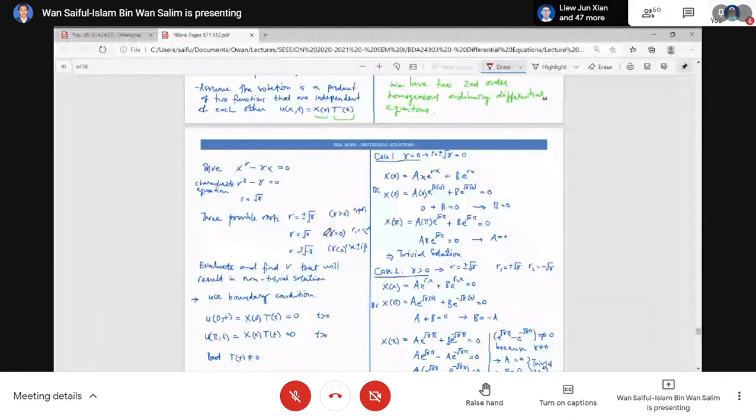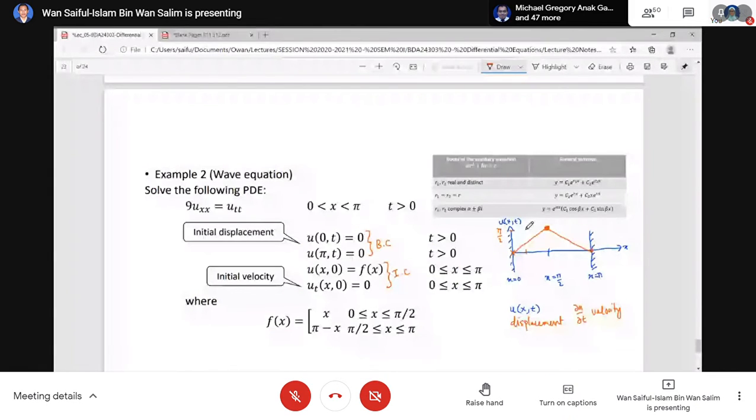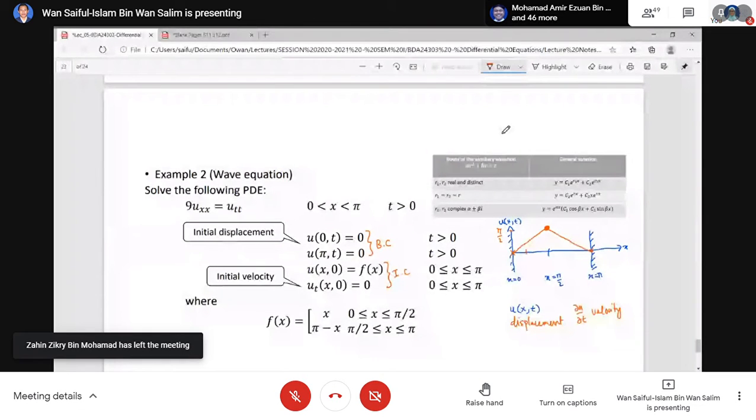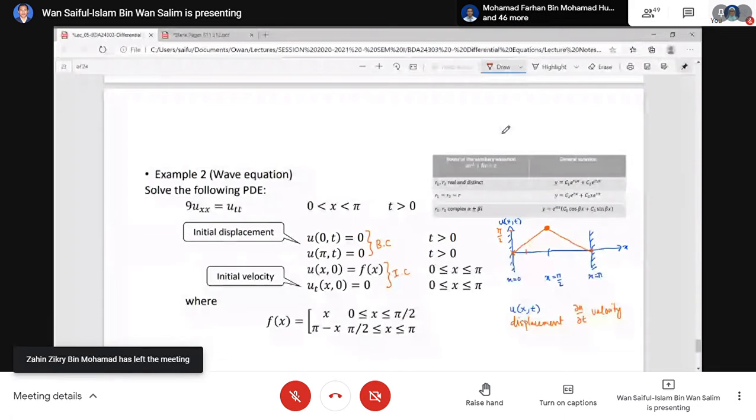So the solution will depend on the roots. What are the types of roots that are available? Well, there are three types, giving three solutions, and these roots depend on gamma. The first type is if gamma makes the roots different and real numbers, then we get this general solution.